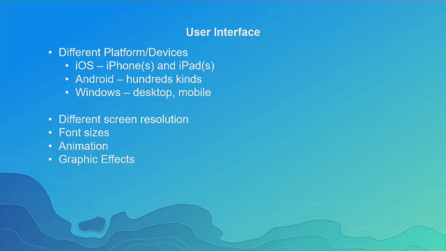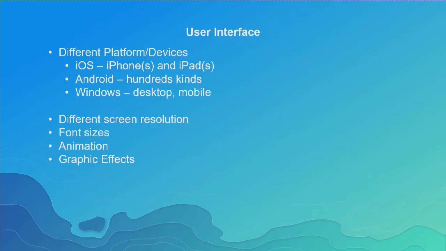So before we start creating a UI, in our experience, creating a UI for a cross-platform app is a little bit challenging because you're targeting iPhones, iPads that have different sizes, Androids. There are hundreds or maybe 1,000 kinds of flavors of Android devices. Also, there's desktop. It's bigger.